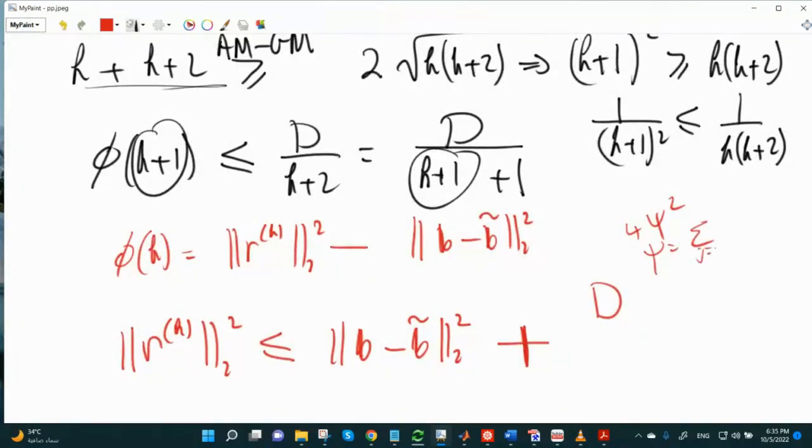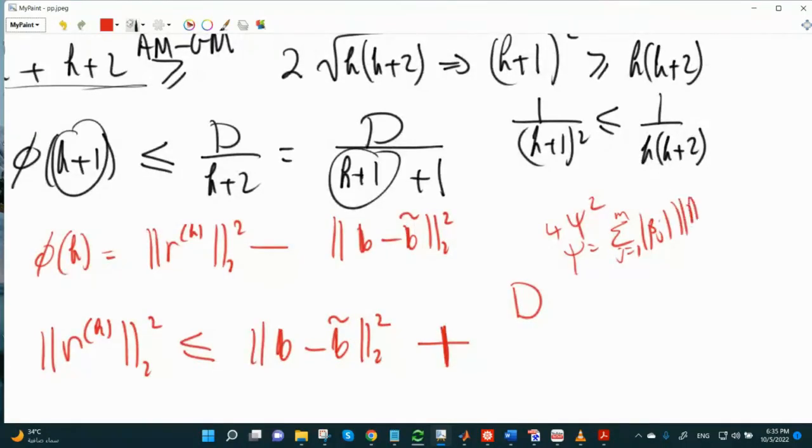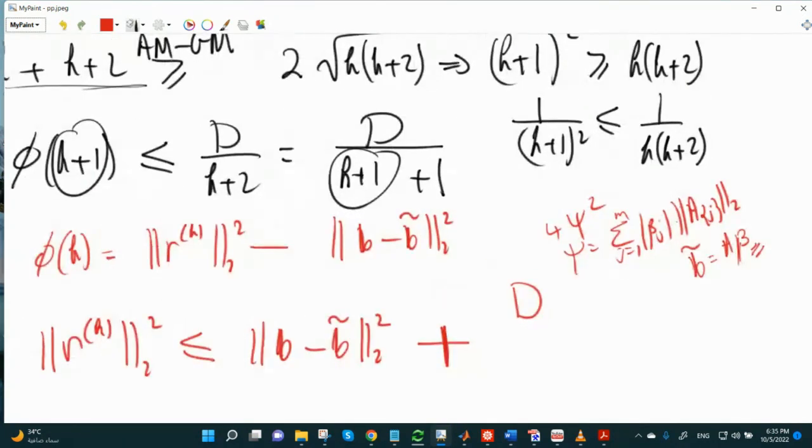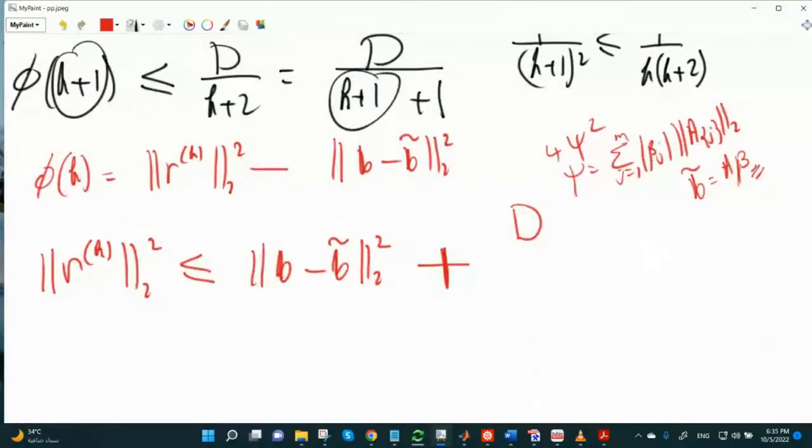Psi is the summation, j from 1 to m, of the magnitude of beta j times the L2 norm of the jth column of matrix A. And remember what beta is: beta tilde, which is the component of vector b in the range of A, is equal to A beta. So it is this vector, and those are its components. So we have this d, some positive number, divided by k plus 1.